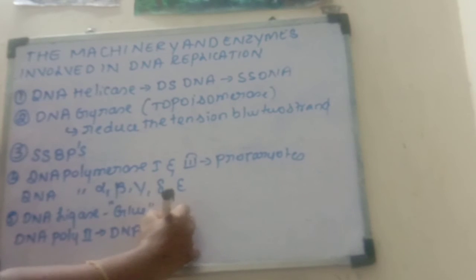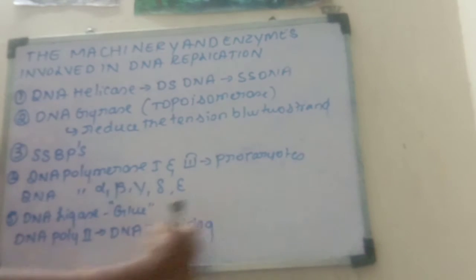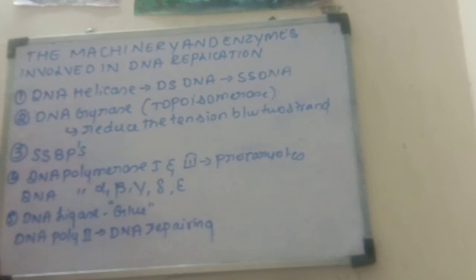If there is any damage in the DNA, it is repaired by DNA polymerase 2, but it is less active in the replication process. Next we are going to take the role of DNA polymerase 1 and 3 in prokaryotes, and the eukaryotic enzymes also in detail.